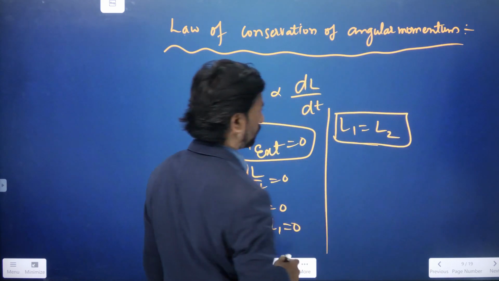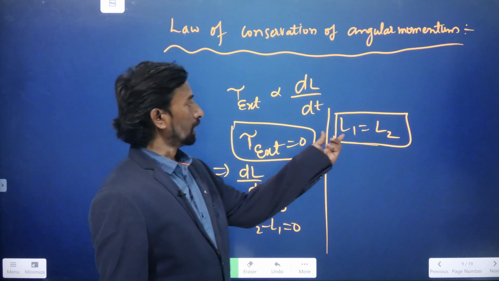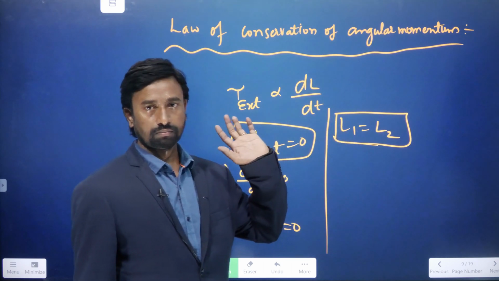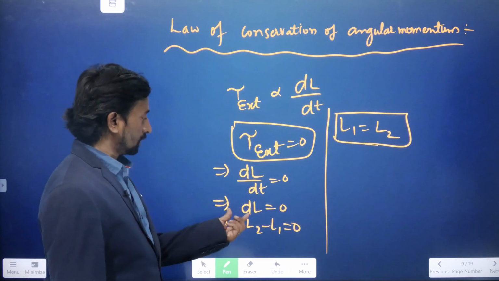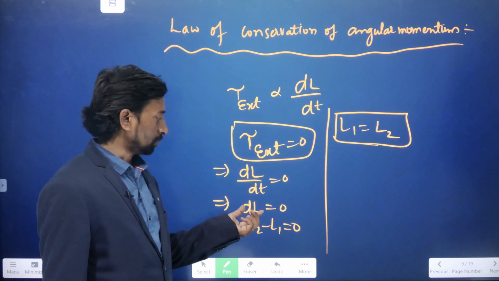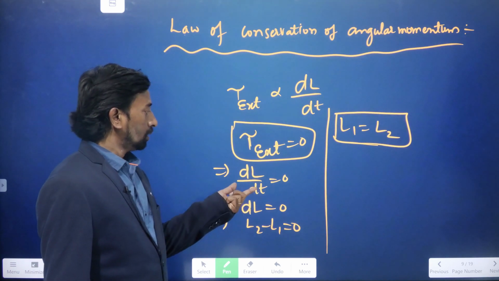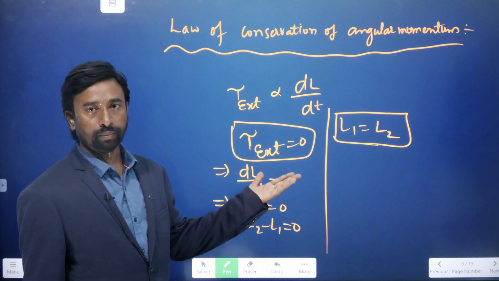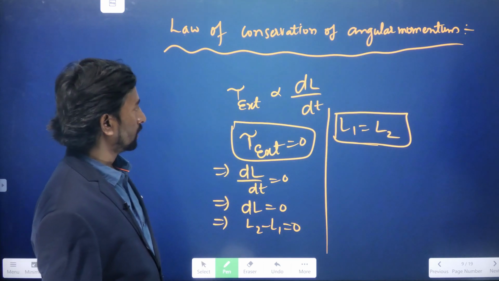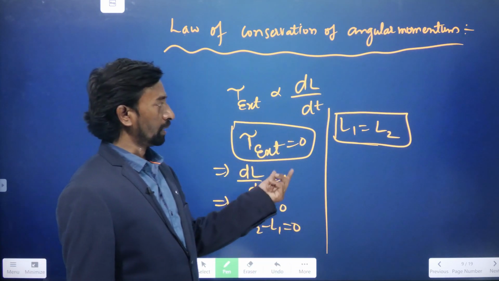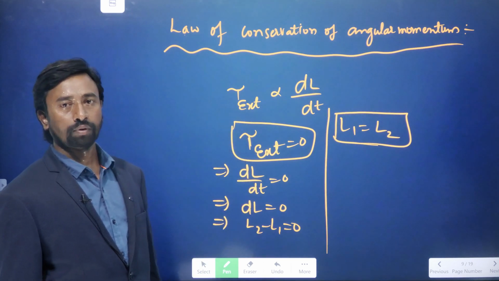That means whenever a body is rotating and there is no external torque on the system, the total angular momentum before and after action will be equal, or we can say the change in angular momentum is 0. If there is no external torque acting on a rotating body, the total angular momentum before and after will be equal, or remains constant.